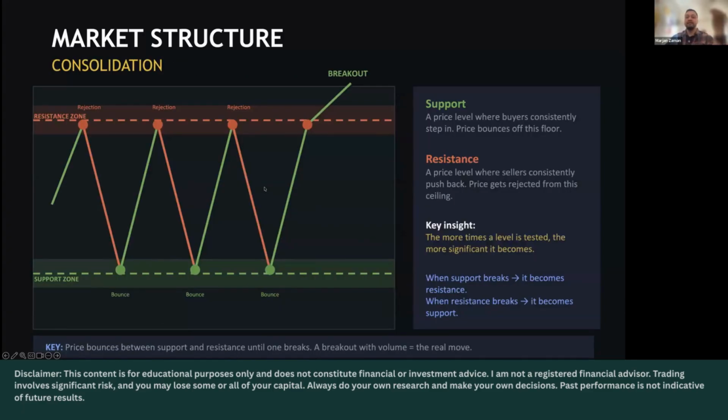Obviously, between these periods of continuation or reversals, there are consolidations where you're going to have a range. A lot of times it's very tricky to trade in a range. You can have maybe 5 to 10 or more taps of the resistance zone and the support zone, and the price will continuously reject and bounce from these different levels before doing a breakout.